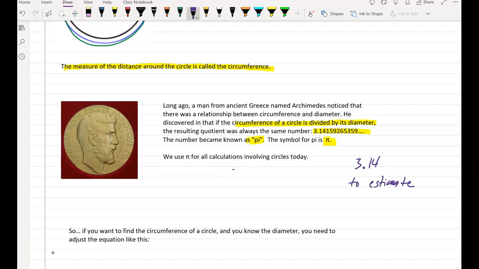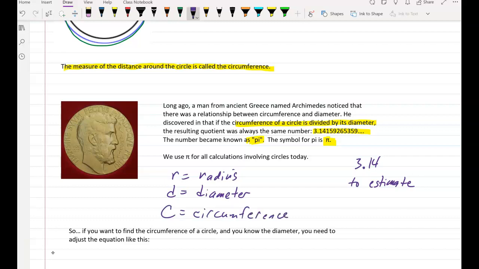Okay? Now, there's some other information that you need to know. First of all, whenever we're talking about radius, we use the variable r. If we're talking about diameter, we use d to represent diameter, and we use capital C to represent circumference. Okay?